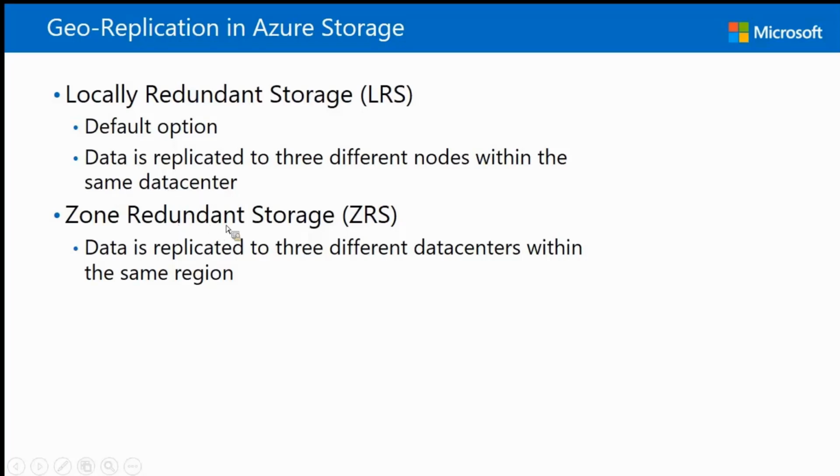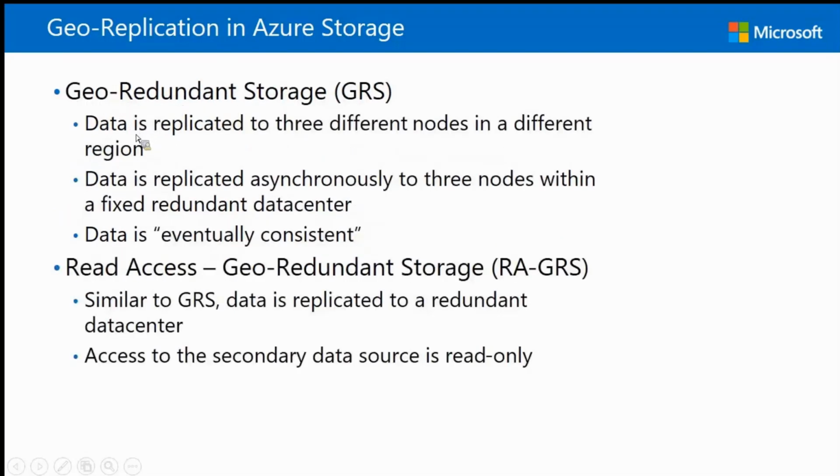But if you pick zone redundant, a single data center failure will not affect you because you have 3 different copies in data centers in the same region. But in the event that the whole region goes down with all its data centers, then your information in zone redundant will not be available. But if you pick geo-redundant, the data is replicated to 3 different nodes in a different region.